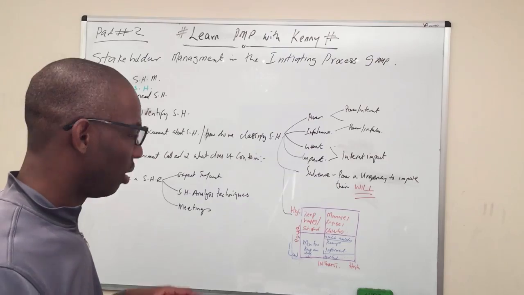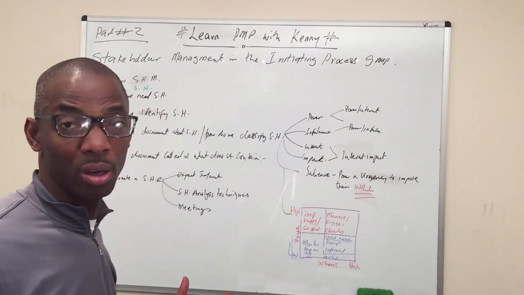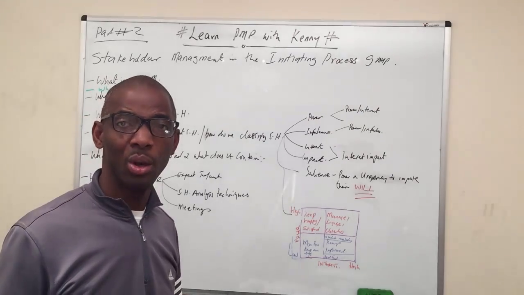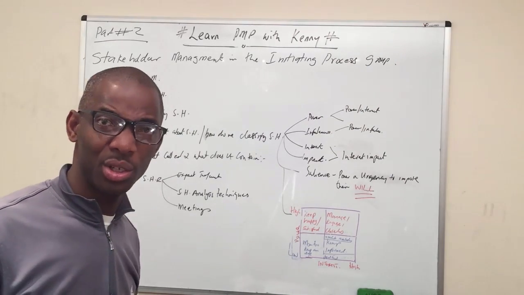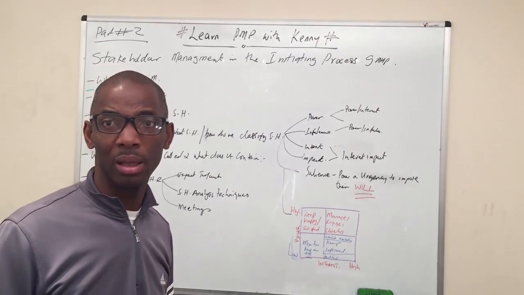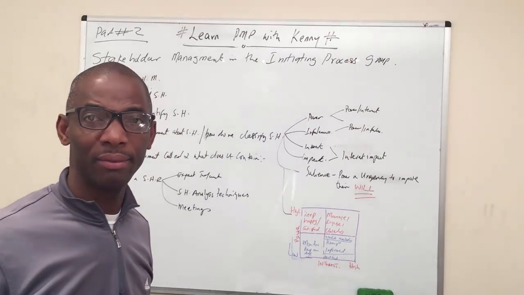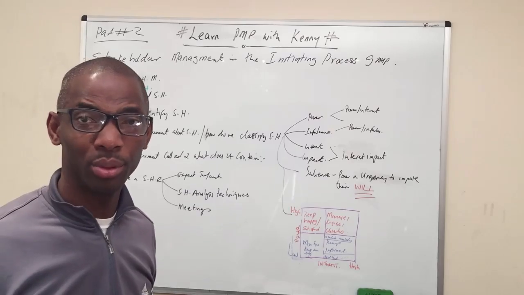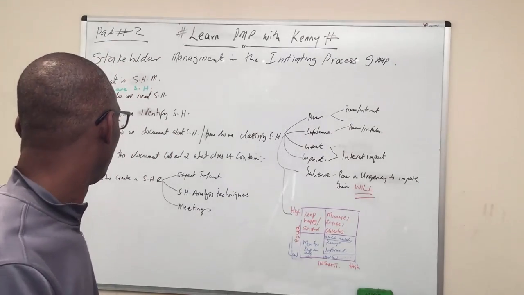All of this is put into a document called the Stakeholder Register. That's simply the output of the initiation part of stakeholder management. Identify Stakeholders, the Stakeholder Register is pretty much the only output for that particular process.